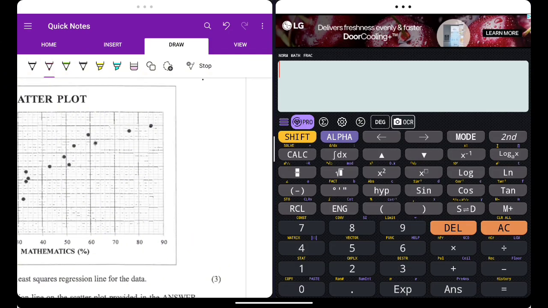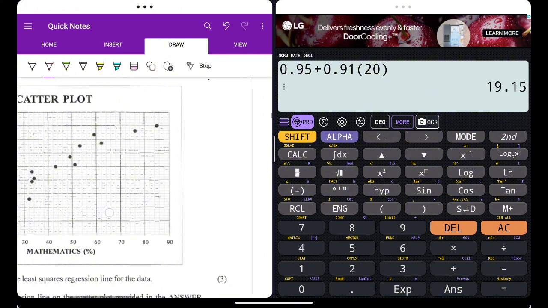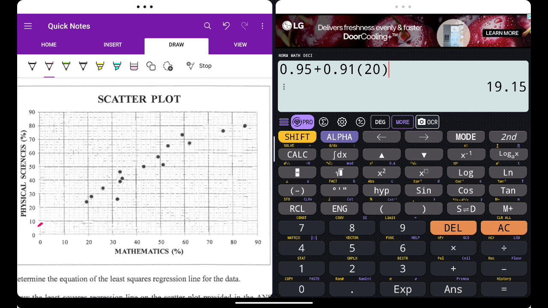So we will have 9,5 plus 0,91 times 20. We just want to see. So it's about 19,15. So as we go to our calculators, 20, it's 19,15. So we will have something there.